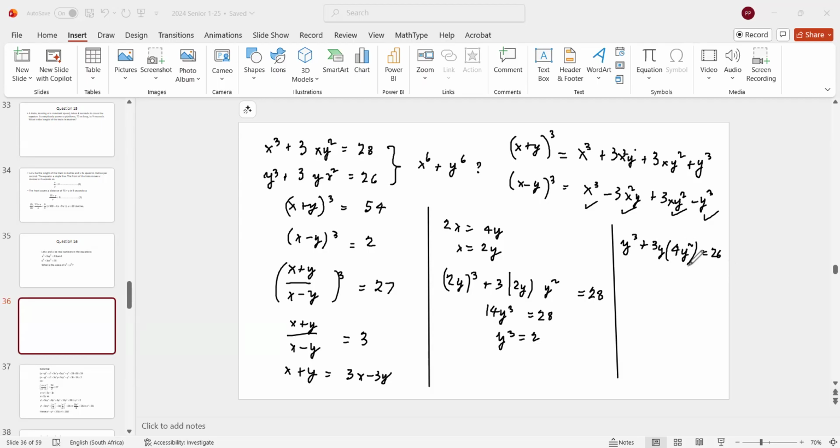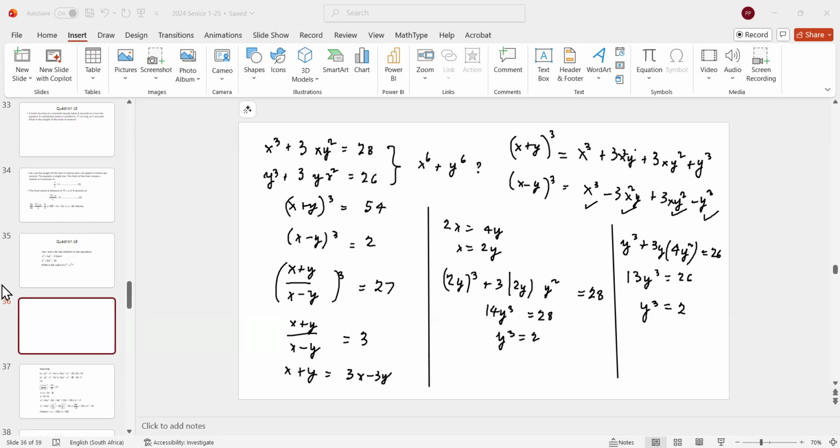So you got y cubed, and this is 4y. 4 times 3 is 12. So I've got 12y cubed plus y cubed. So that gives you 13y cubed. It's 26. Again, you get a nice answer, y cubed equals 2. The same thing. Oh, I shouldn't have done that. I'm not finding y, I'm finding x.